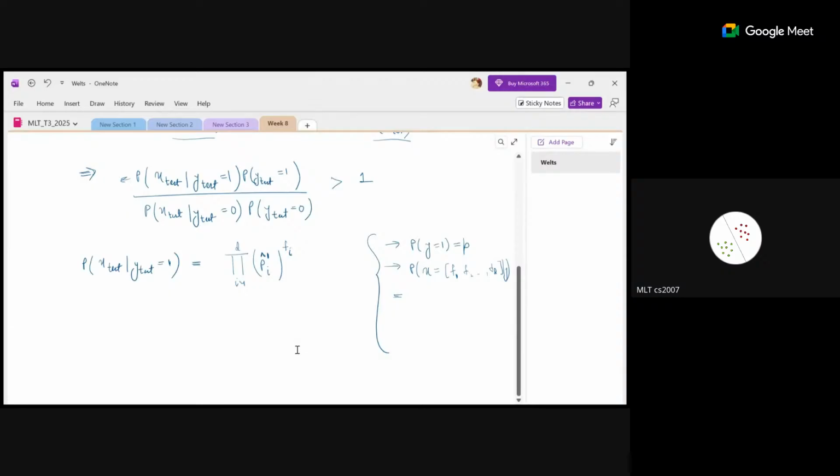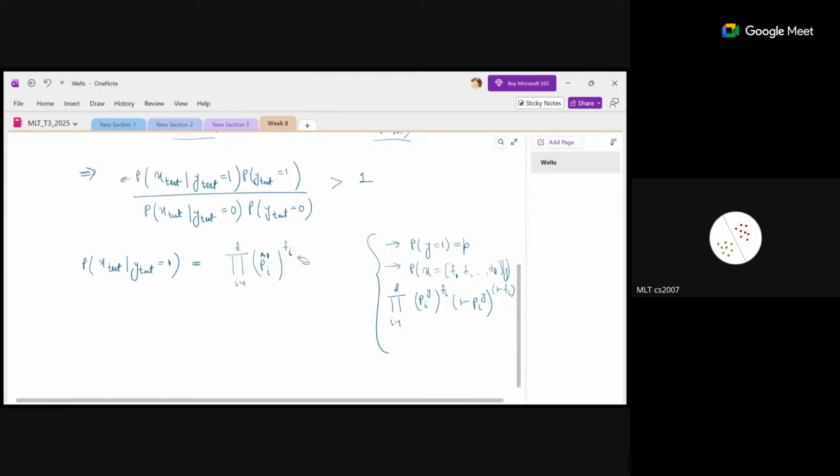So if I have to write the likelihood, it is the product of pi to the power fi, and to denote which class we have used the superscript, so pi^y to the power fi, and 1 minus pi^y to the power 1 minus fi, and of course the product is going to be here, with i varying from 1 to d. So this is the probability that we have for probability of x given y.